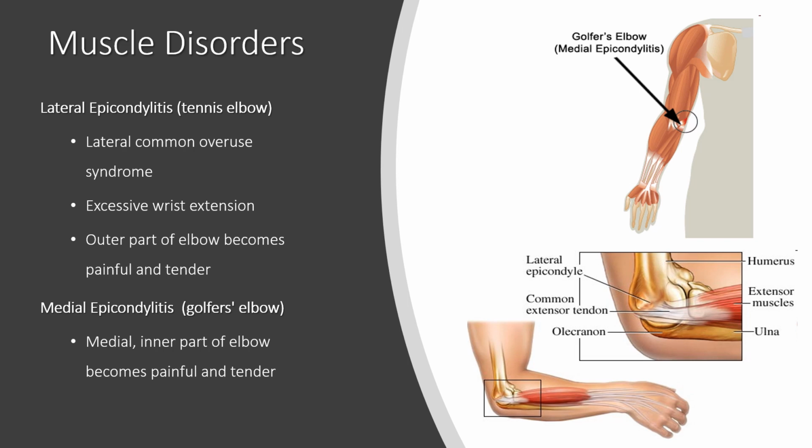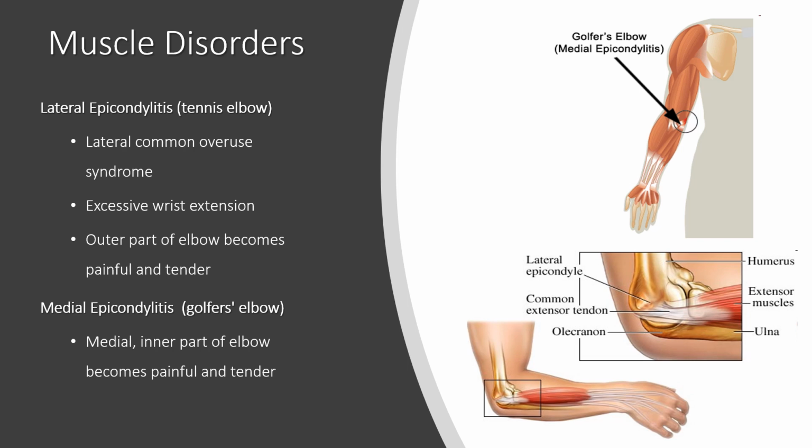Now if you find the other epicondyle on the inside, so palm face upwards in the anatomical position, the medial epicondyle of the humerus is where the flexor muscles attach to. And this is where you get golfer's elbow.